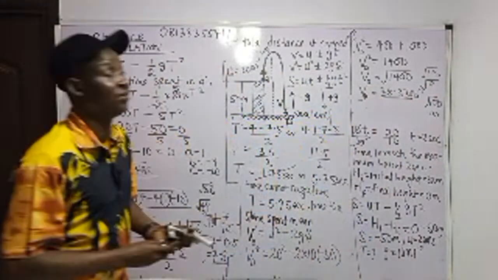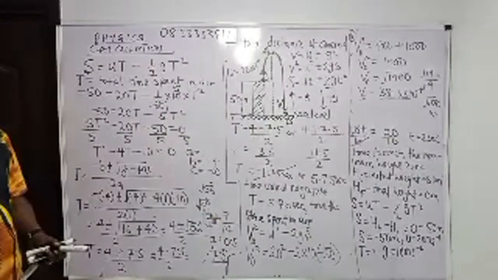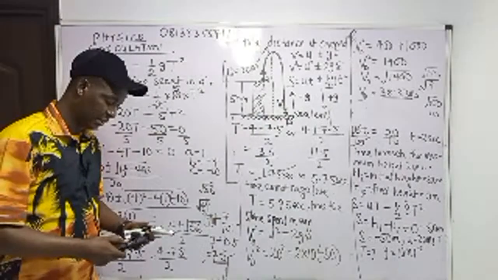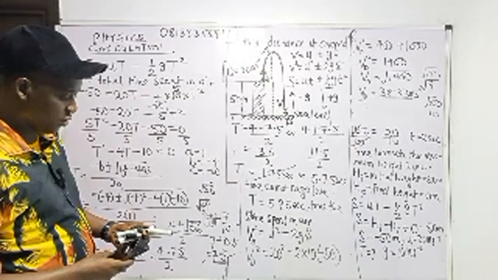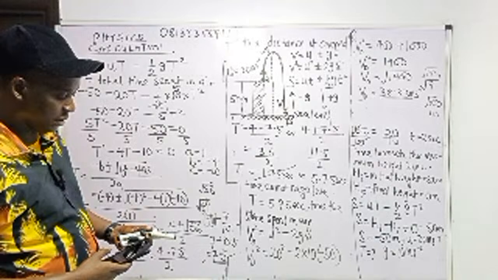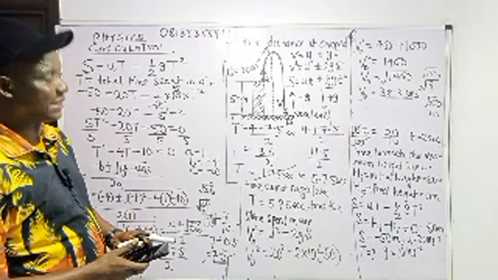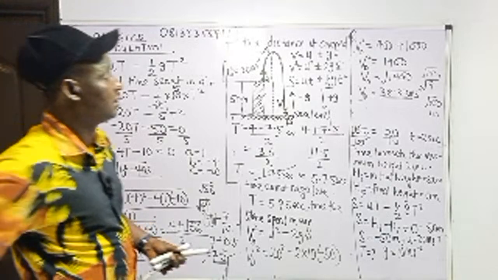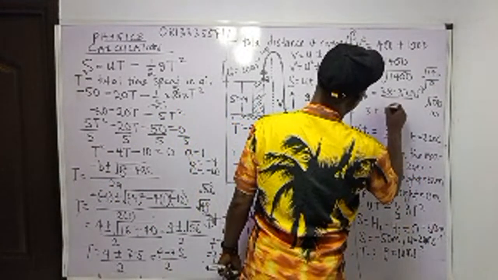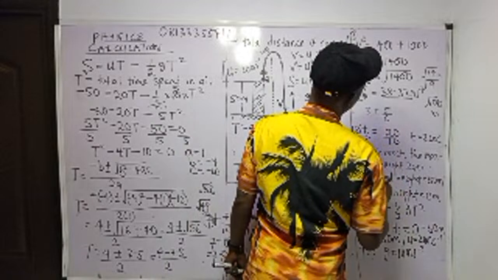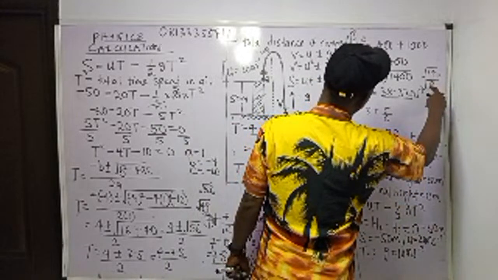So in that case now, check your calculator very well. Check. That means square root of 1,400. Is it 38 or 37.1? Let me confirm it again. Square root of what? This one is 3 plus 5 over 6. So this is 5.